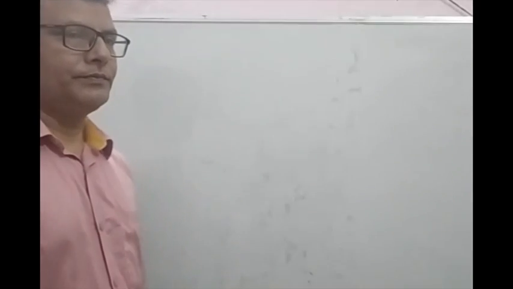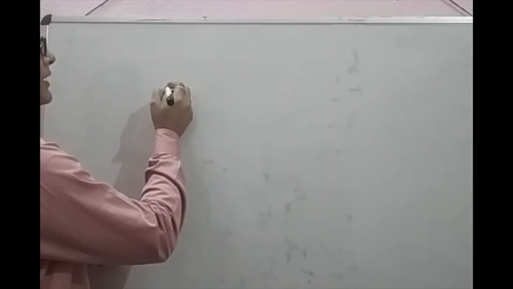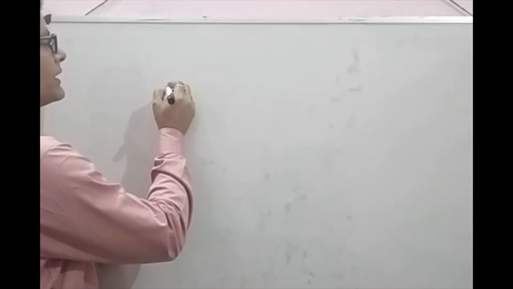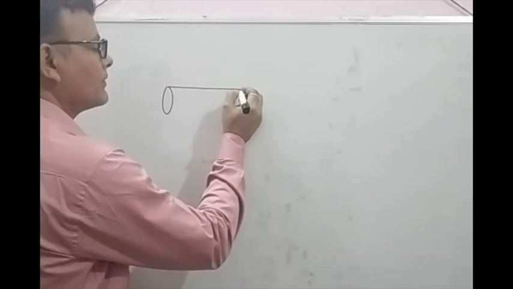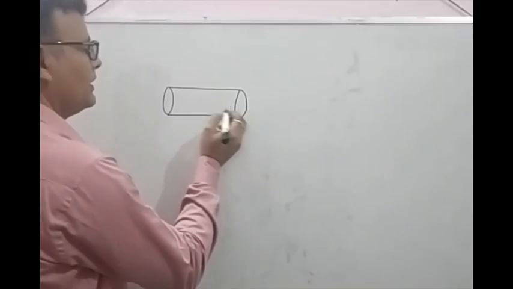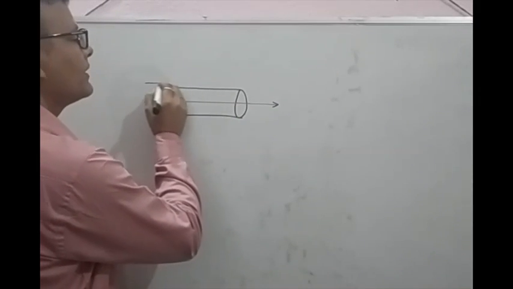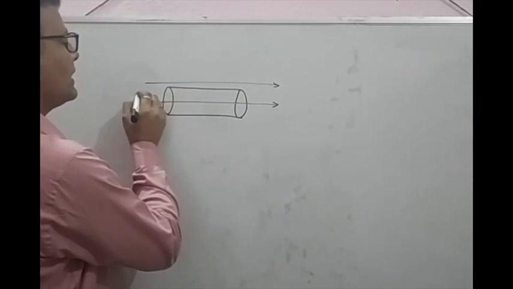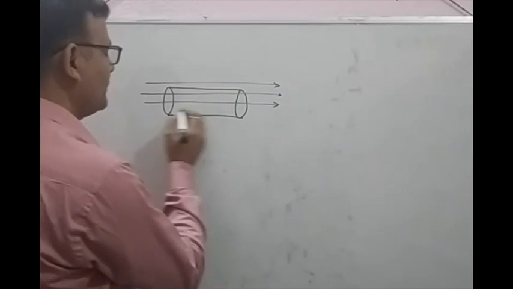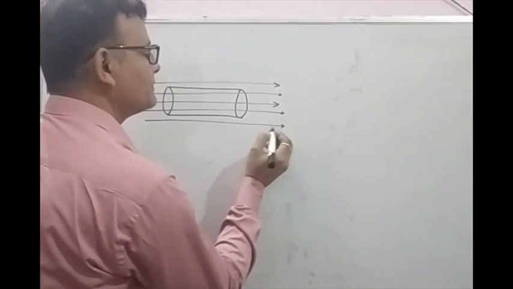To learn how to calculate electric flux, let us take an example. Suppose a cylinder of cross-section area A is placed in uniform electric field such that its axis is along the direction of uniform electric field, like this.